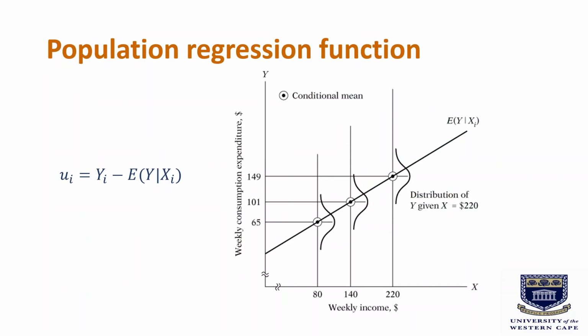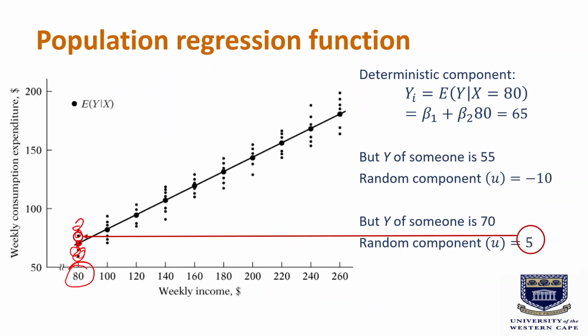And to find the values of that stochastic component for a given x value, we take the observed y values and subtract from it what our model tells us that y value should be. So going back to the previous slide, for x equals 80, we observed that there was some y value.